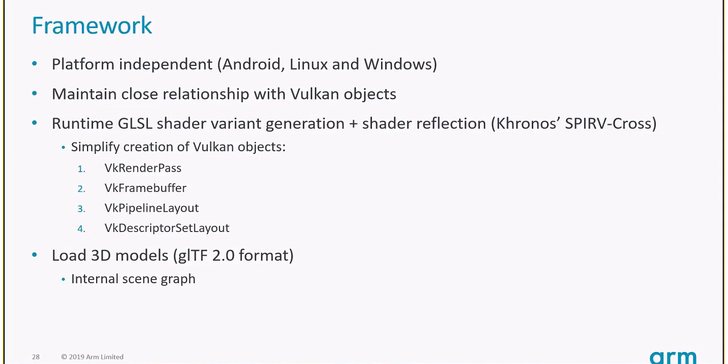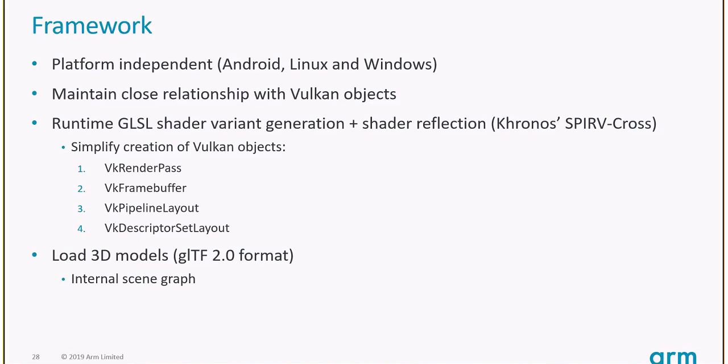So what we did is we built a framework which helps in creating all kinds of Vulkan objects and in your rendering loop, but it still treats Vulkan objects as such. It still tries to let you use the actual native handles.